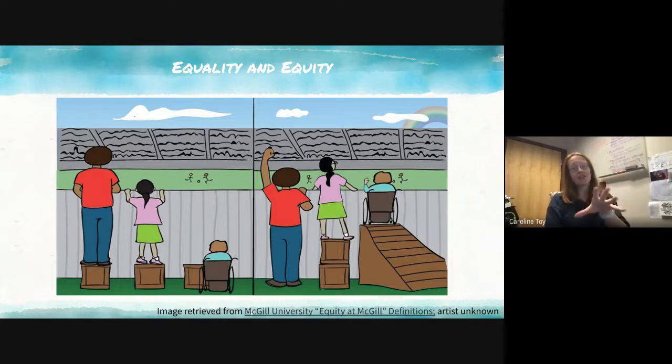But this version of this cartoon is unique in that we don't just see people of different heights standing on different numbers of boxes, and we're recognizing that boxes don't do some people any good. That in some cases, equity requires a different type of access to knowledge or access to demonstrating success.